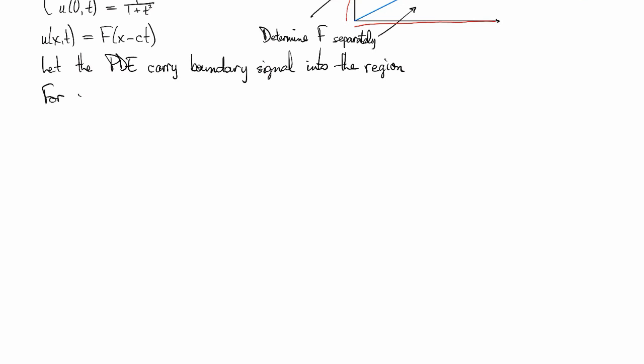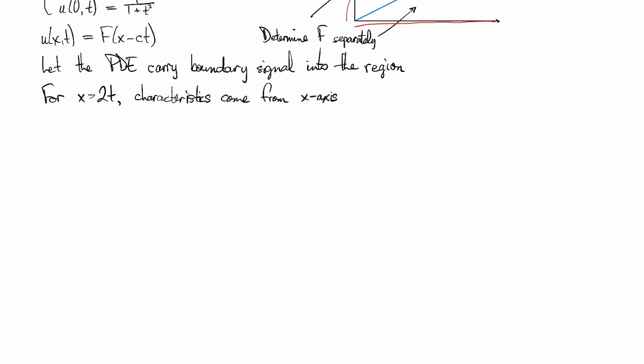If we look at where x is bigger than 2t, then the characteristics come from the x-axis.